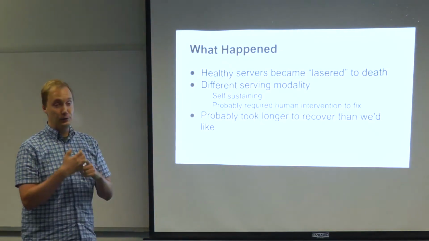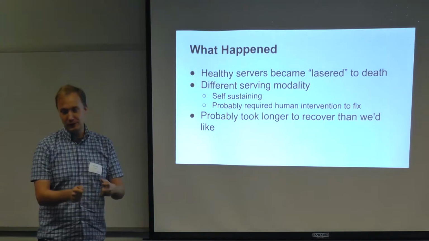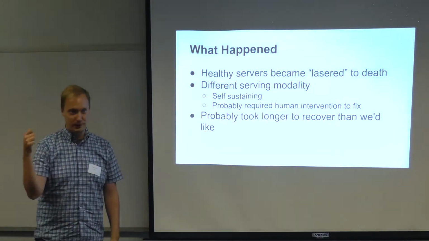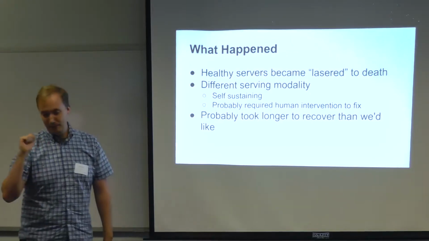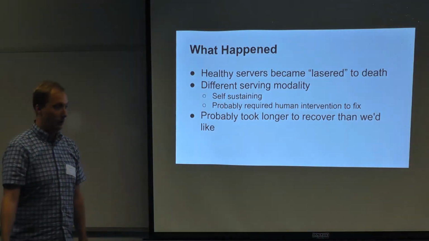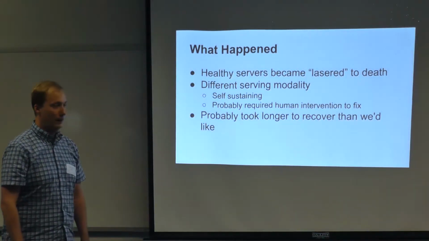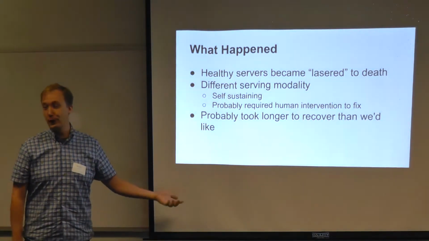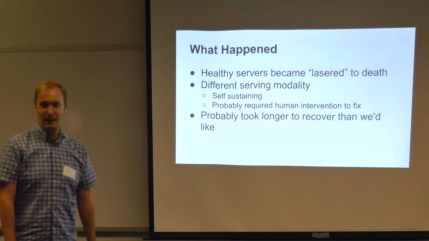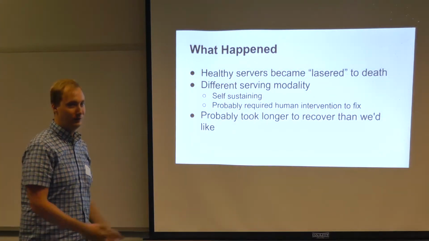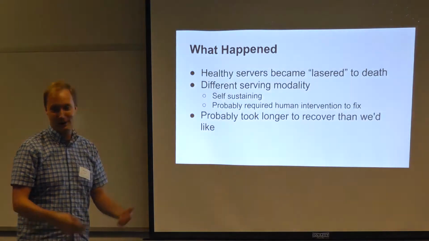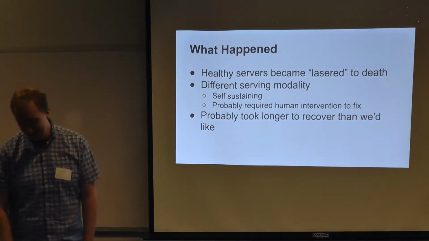We entered a different serving modality where there was a self-sustaining, positive feedback loop of failure, and it probably required some sort of human intervention to fix. Because humans had to be involved, it probably took a lot longer to recover, because humans are slow. They'd have to understand how the system worked and do something in order to fix it. And usually when humans have to be involved to fix something, good luck.